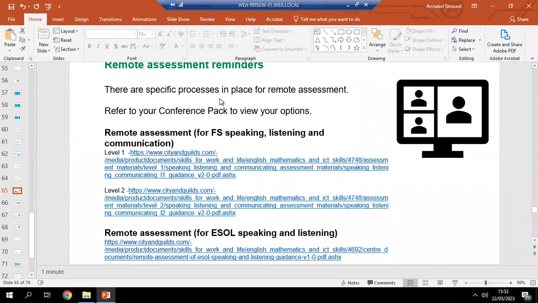So I've put in some information. We need to put a little bit more in because we put just level 1 in here. Obviously, you've got your conference pack that you can look at to view your options, but you've also got here links to the guidance in terms of how to conduct remote assessment.